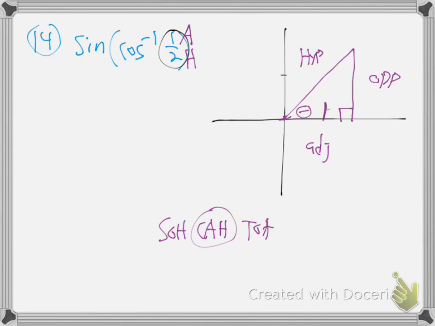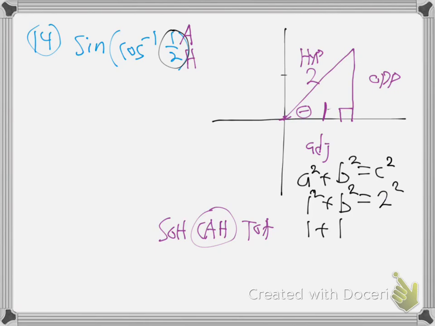Adjacent is 1. The hypotenuse is 2. Adjacent over hypotenuse. So now we've got to find this other side with the Pythagorean, huh? Any right triangle you can use the Pythagorean. So a squared, 1 squared plus b squared is 2 squared. The c is always the hypotenuse, isn't it?